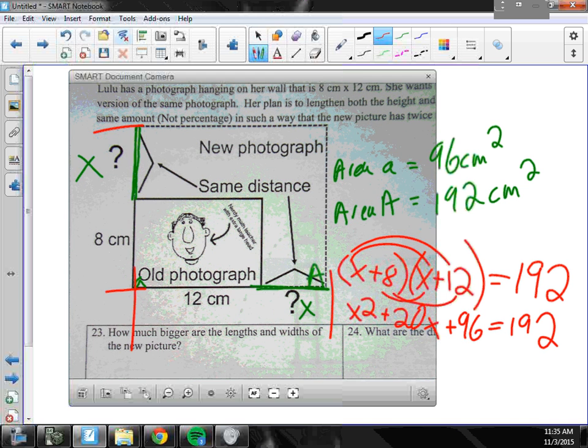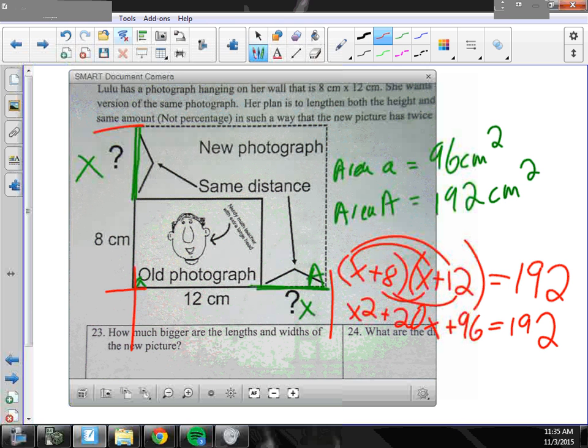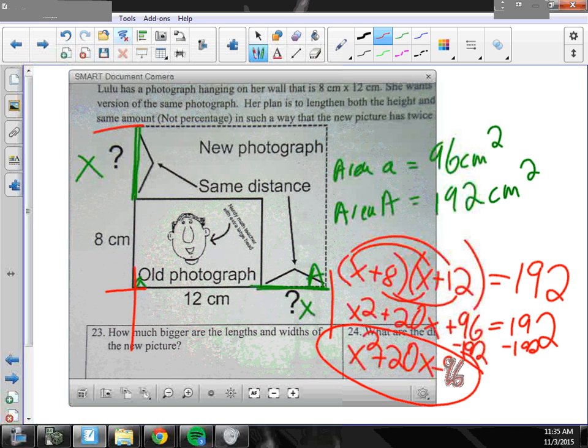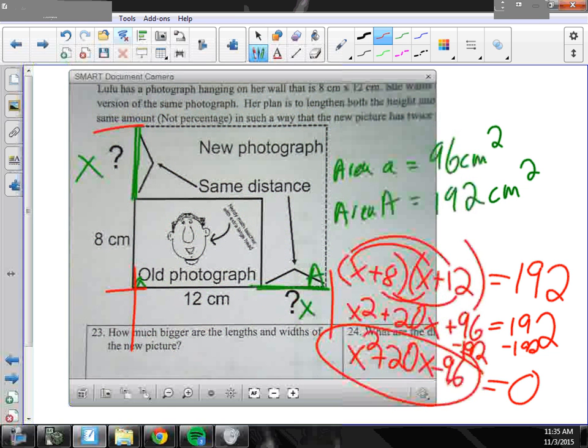Can I solve this? Well, I would have to subtract the 192 over, which gives x squared plus 20x. If I subtract 192 from positive 96, I get negative 96. So that equation equal to 0 will give me the x values.